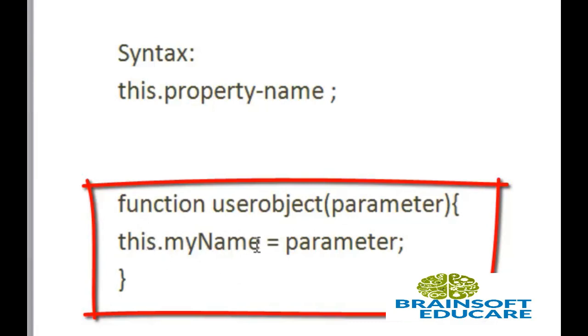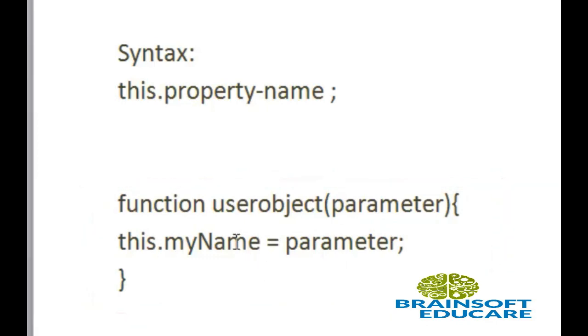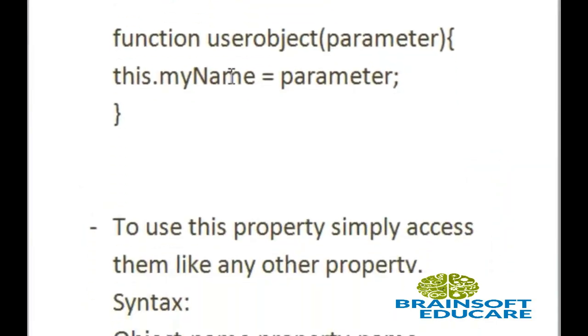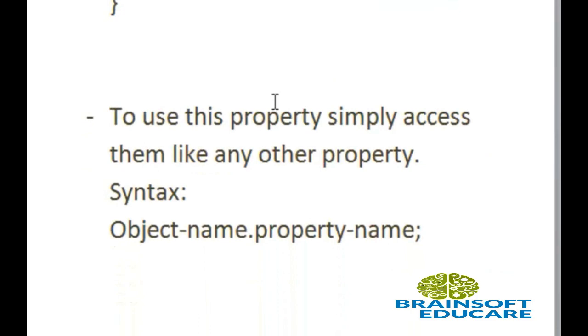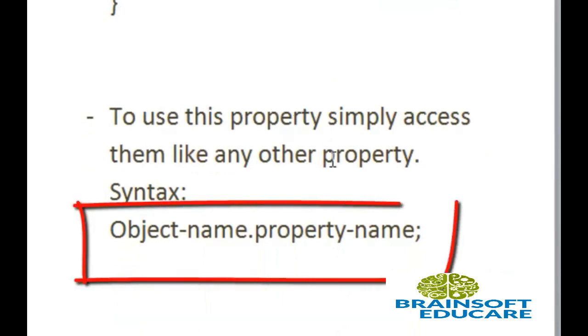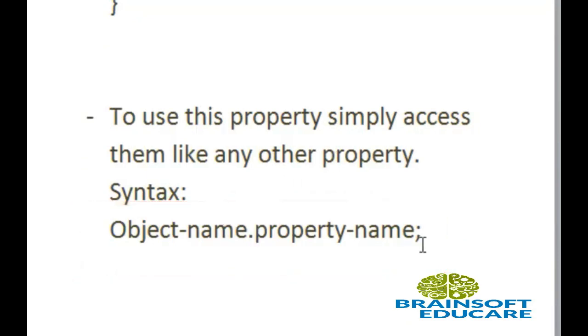This dot myName, we are assigning this parameter value to our myName property. To use this property, simply access it like any other property. Same way, syntax, object name dot property name. This is the same as we have used in our previous tutorials, like the document.write function.